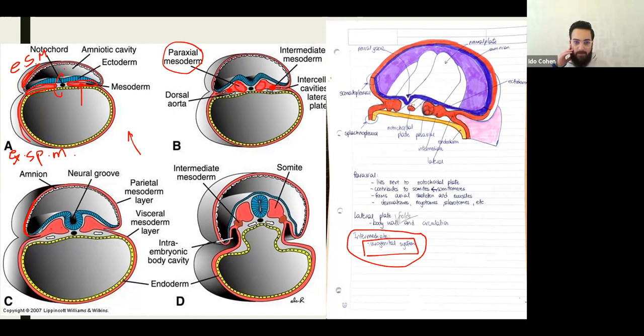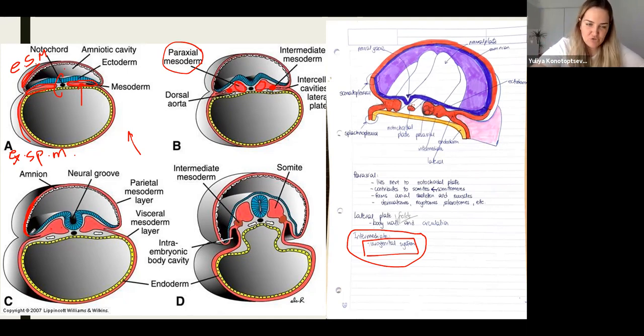But extra or intra? Extra. But extra is outside of the embryo. Lateral plate is in the embryo. We said that this V shape is in the embryo. So this little tiny part of the V under the ectoderm is going to be intra-embryonic somatopleuric mesoderm.